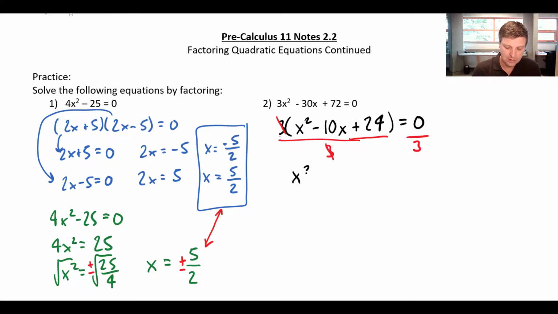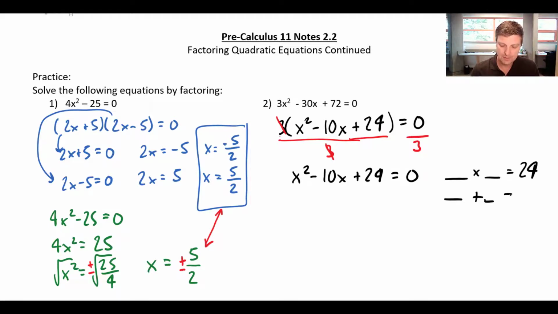So now I've just got x squared minus 10x plus 24 equals 0. And so I'll look for two numbers that multiply to 24, but that add up to negative 10. And the ones that occur to me are negative 6 and negative 4. And so I can factor that. x minus 6 times x minus 4 equals 0.